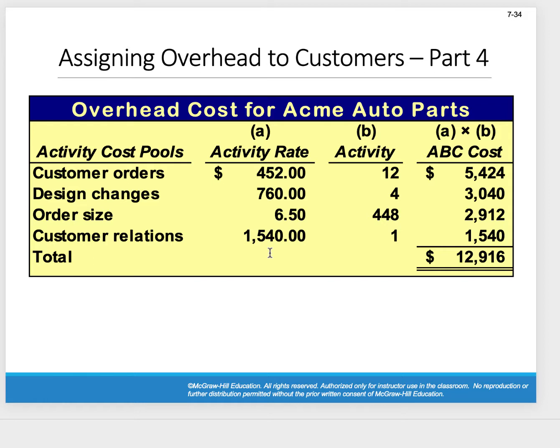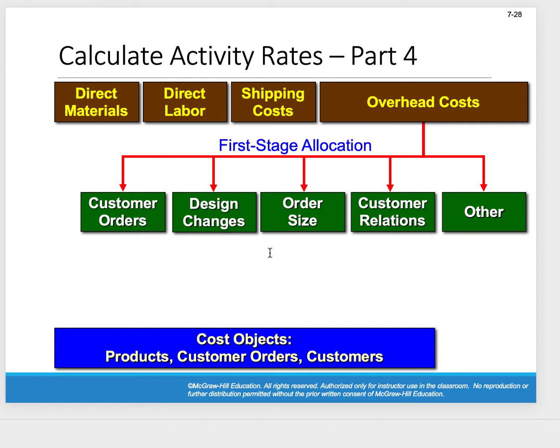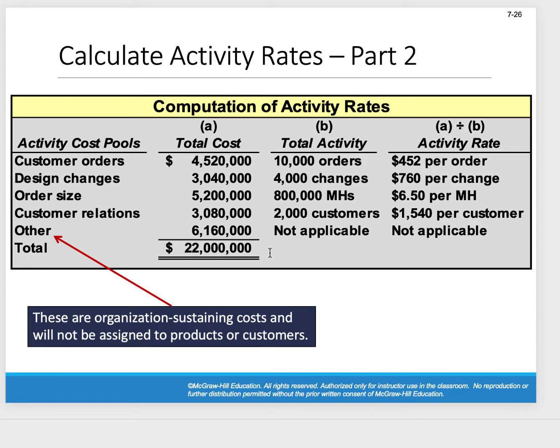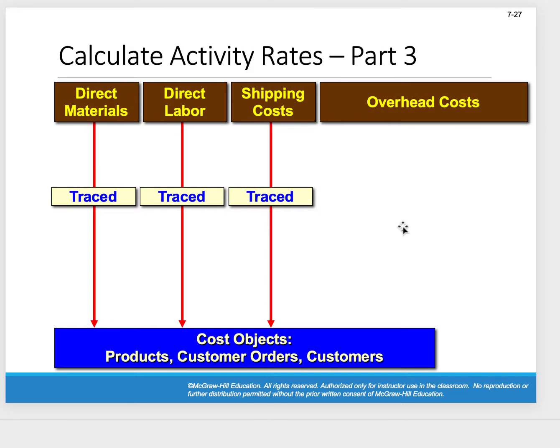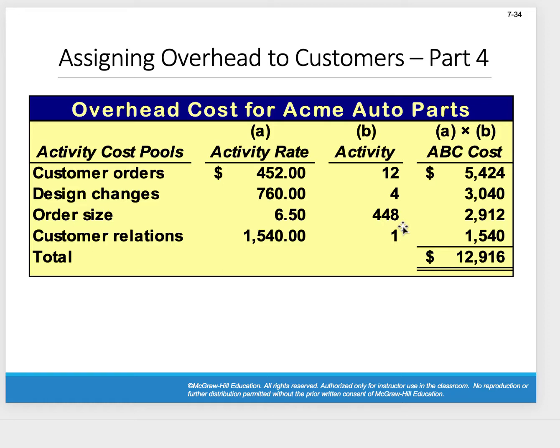Same thing with customer relations. The customer relation, let me go back and find it. The activity rate for customer relations is $1,540 per customer. Well, we're just looking at one customer. So we take the activity rate times the activity.